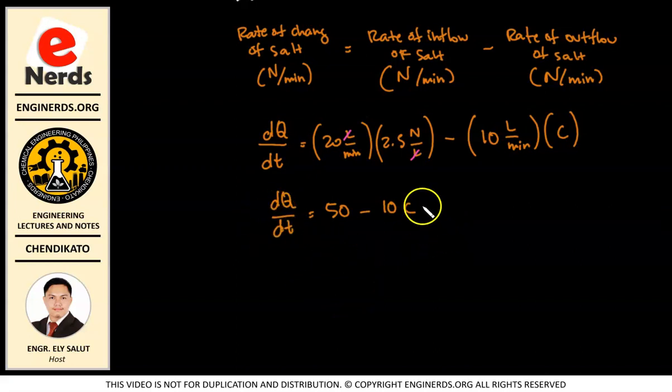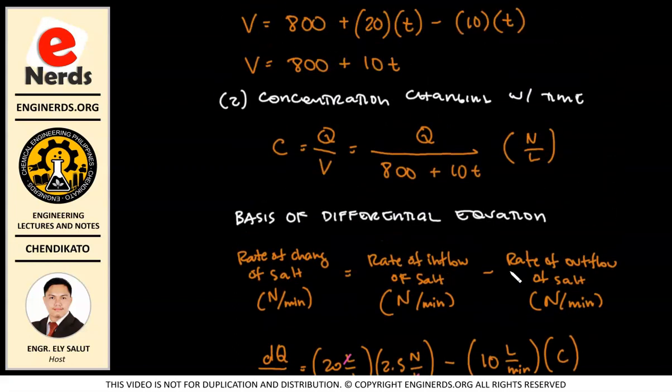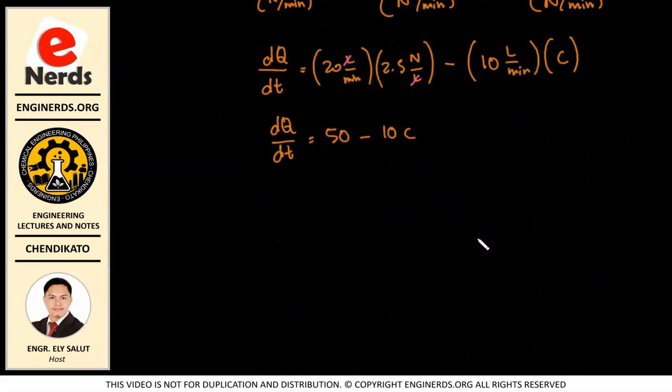Well, as you can see here, our amount of salt is differentiated with respect to time. Okay, so we have to express our concentration with respect to time as well. And we already done that dito sa ating number 2, concentration changing with time. So our C is equal to Q over 800 plus 10t. Right? So we're going to substitute yan dito sa ating equation.